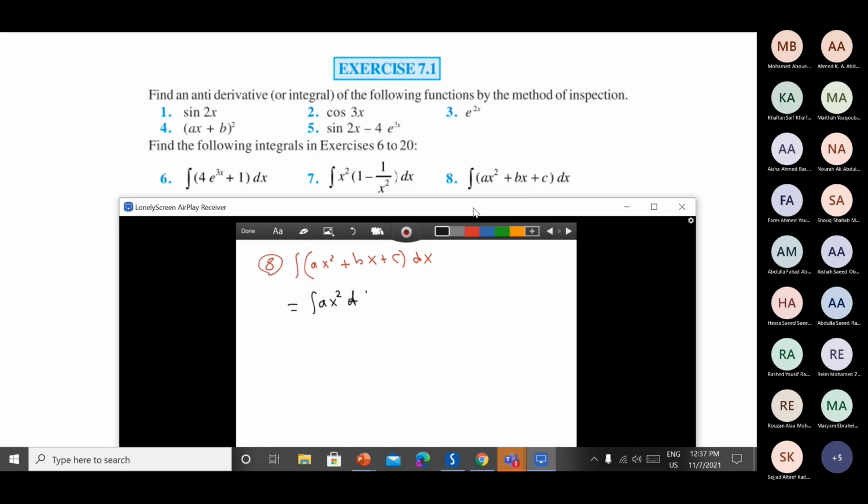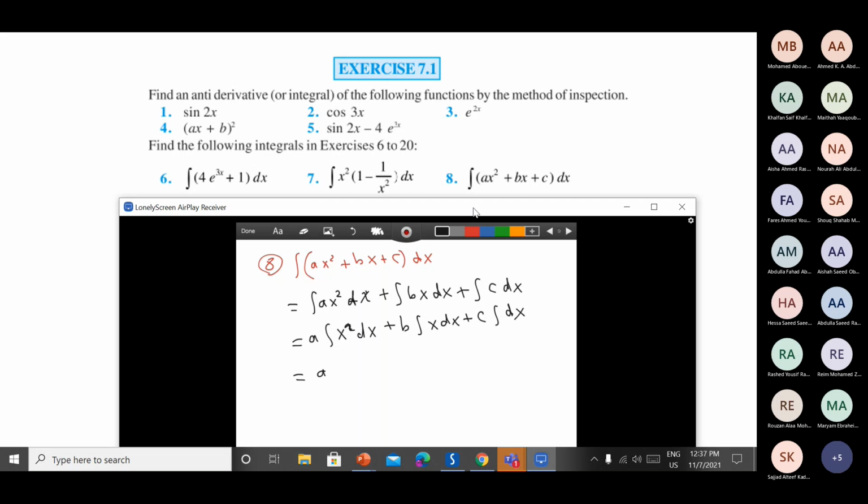So this is the integration of ax squared dx plus the integration of bx dx plus integration of c dx. A is a constant, so I will take it outside. B is constant, I'll take it outside the integration. C is a constant, I'll take it outside the integration.